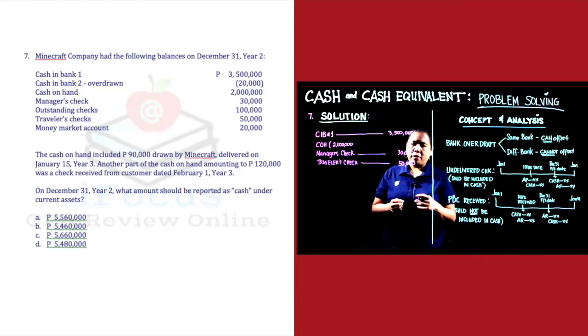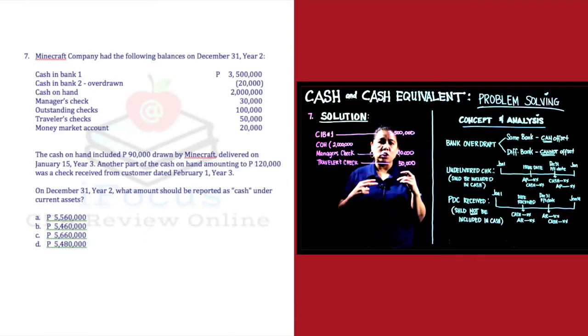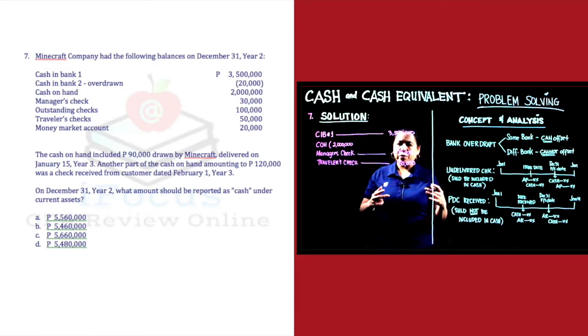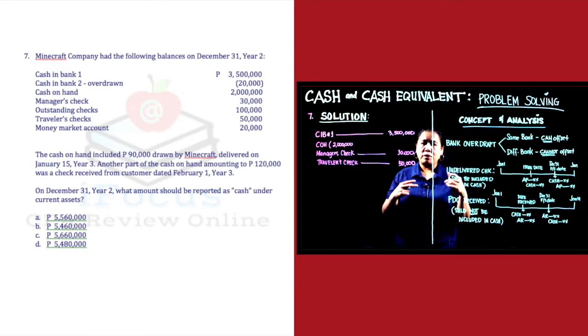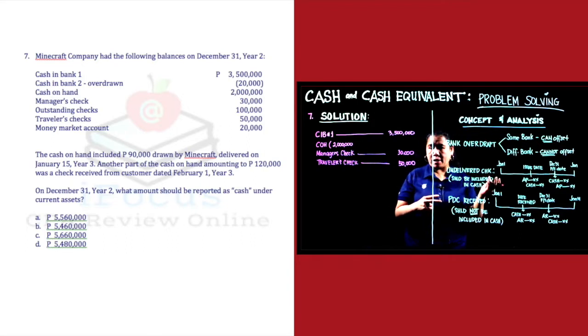Another item is the cash on hand included 90,000 check drawn by Minecraft delivered on January 15 of year 3. Alright, ano ba itong 90,000 na ito? This is undelivered checks, okay? Ang nangyari is, nag-issue ng check si company pero hindi niya deliver agad sa payee. Okay?